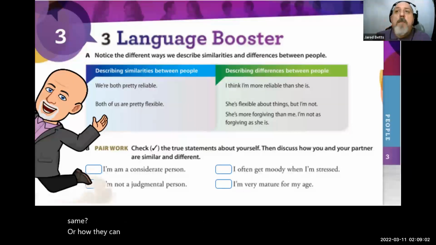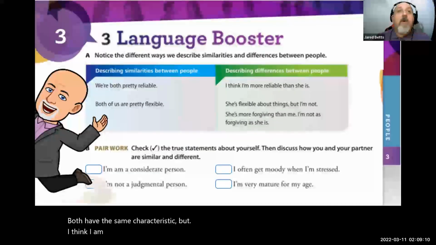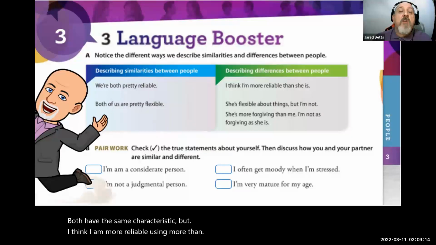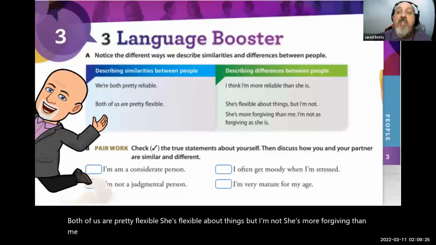So we're both pretty reliable. Both of us have the same characteristic, but I think I am more reliable, using more than. Both of us are pretty flexible. She's flexible about things, but I'm not. She's more forgiving than me. I'm not as forgiving as she is. So this is comparing two things using the comparative.